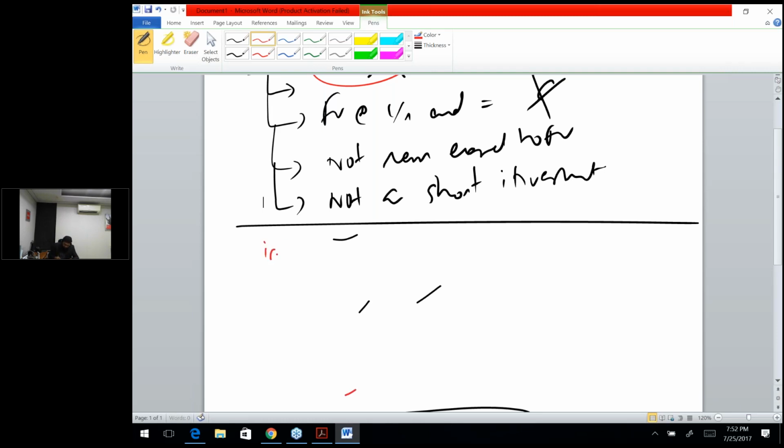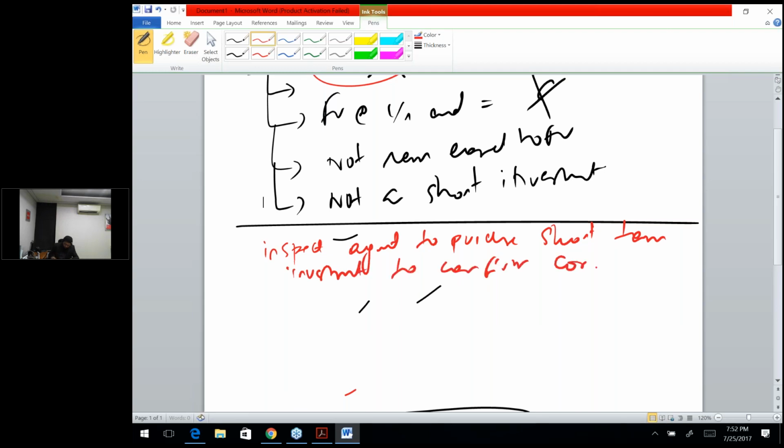You need to inspect the agreement to purchase short-term investment to confirm cost of $8 million. That's one of the procedures that you'll perform.